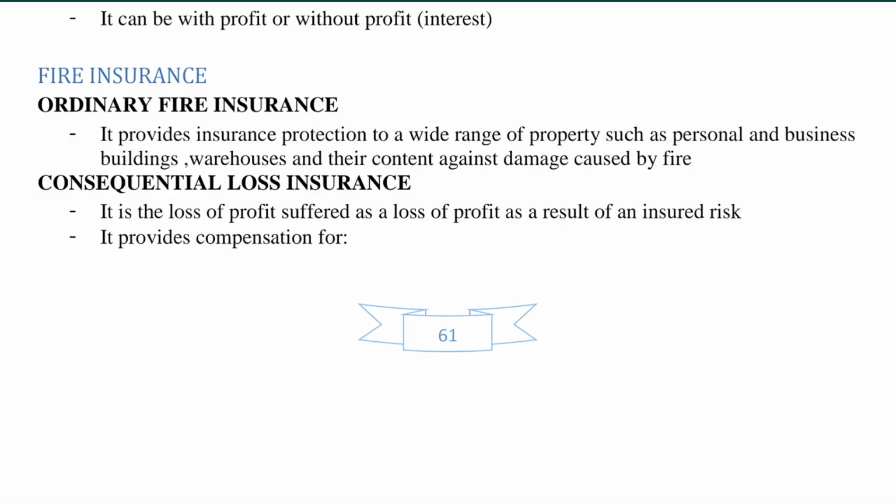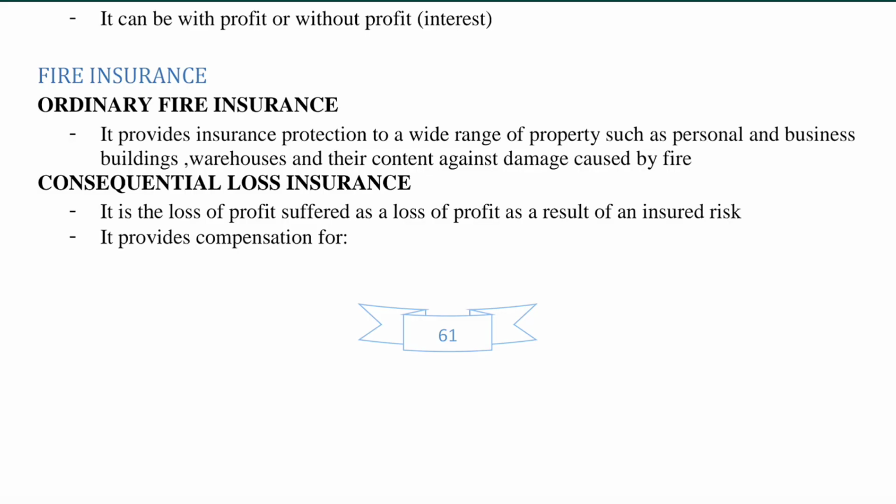Ordinary fire insurance provides insurance protection to a wide range of property, such as personal and business buildings, warehouses, and their content against damage caused by fire. This is easy to understand.